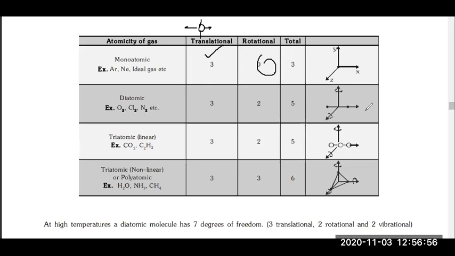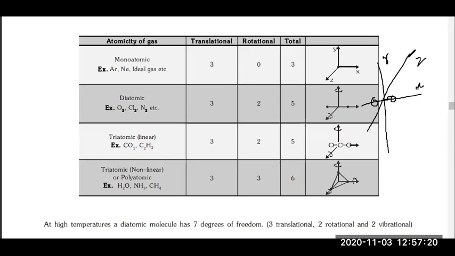Now, when we talk about diatomic, think about it. It can move in the x-axis, y-axis, z-axis. So translation will be 3 for all types of molecules. But when you talk about rotational, since it cannot rotate along its interatomic axis, suppose it is the x-axis, it cannot rotate around the x-axis, but it can rotate around the y-axis as well as the z-axis.